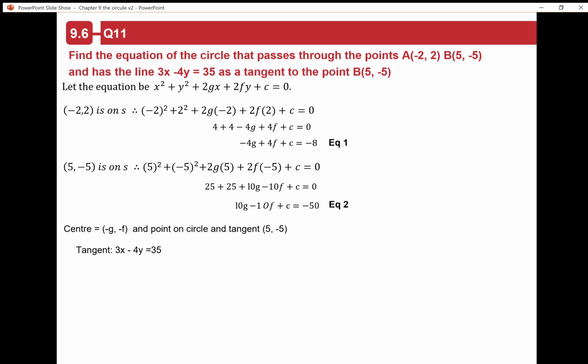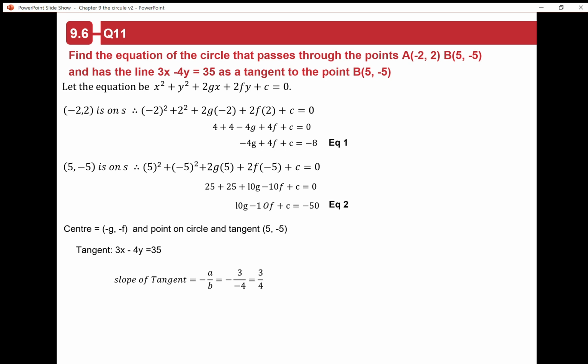So how can I use this information to make a third equation? Well, I know that my tangent is perpendicular to the radius of your circle. So the slope of the tangent is equal to minus a over b, which is equal to minus 3 over minus 4, which gives us 3 over 4.